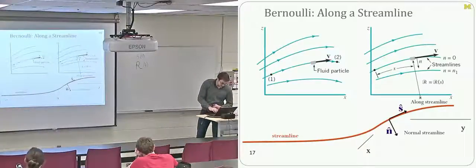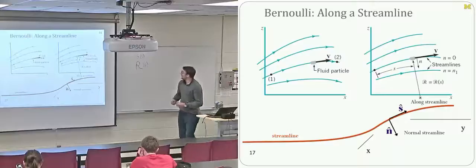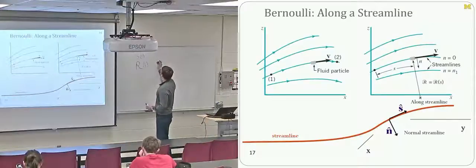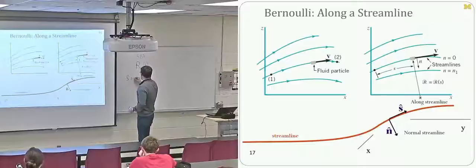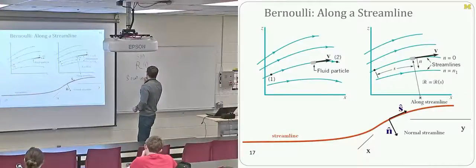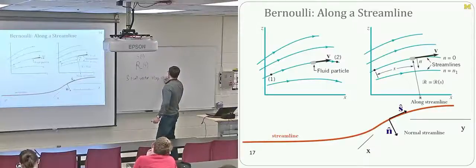So I mentioned that s and n are the two tangent and normal unit vectors. So s hat is the unit vector along the streamline.